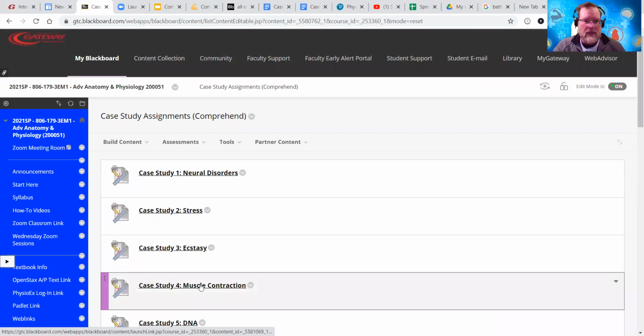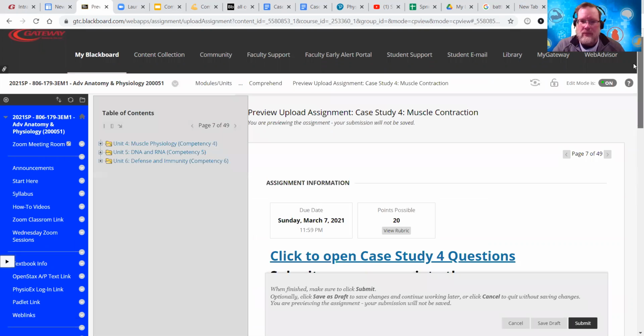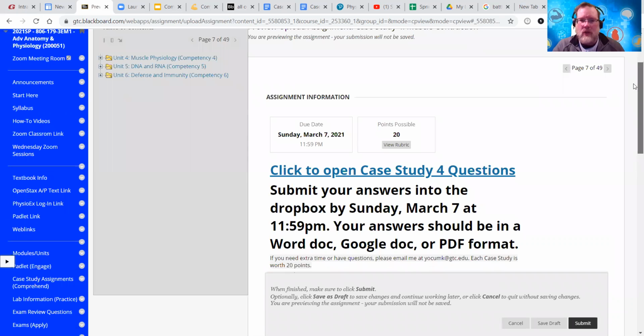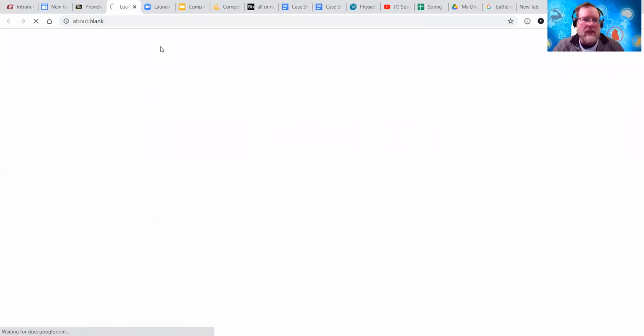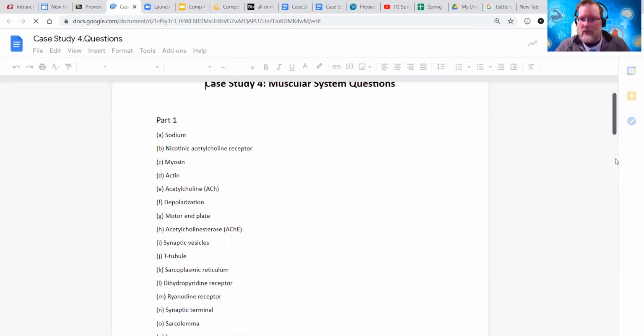And if I click on case study for muscle contraction, there's a little notes area. So here's what's going to come up. First of all, this is going to give you the question. So you'll click that and then you'll see where you're going to type in your answers. It has the matching and the word bank, so you can type everything right into this document.